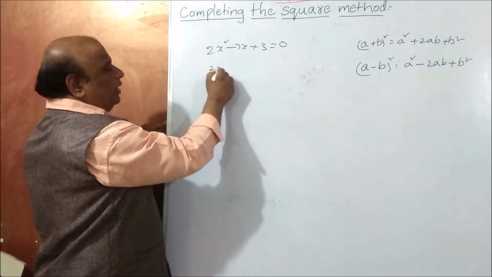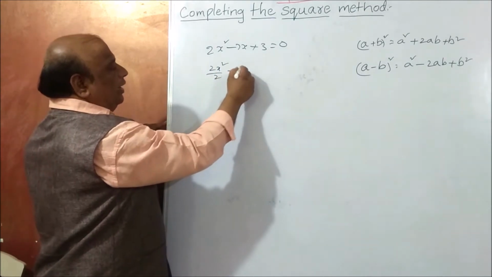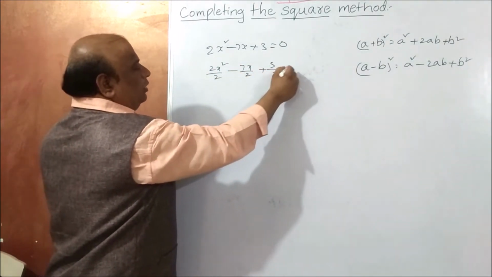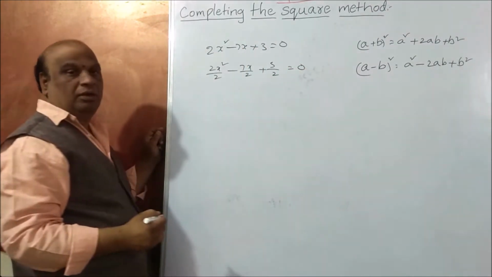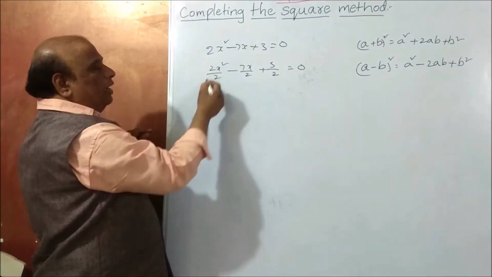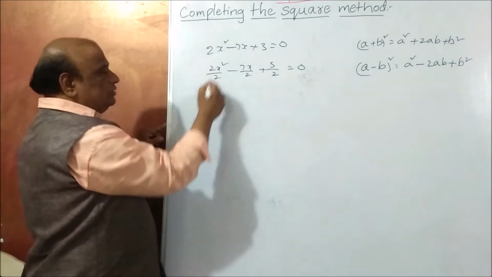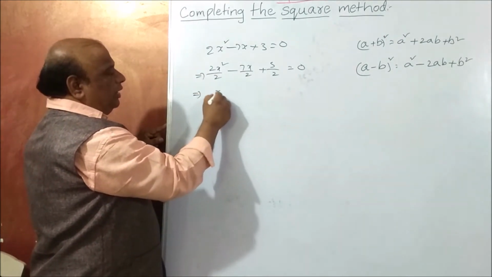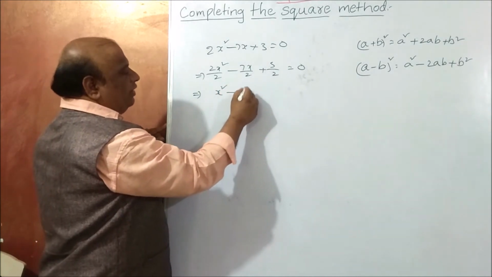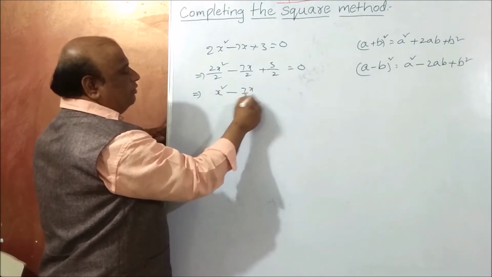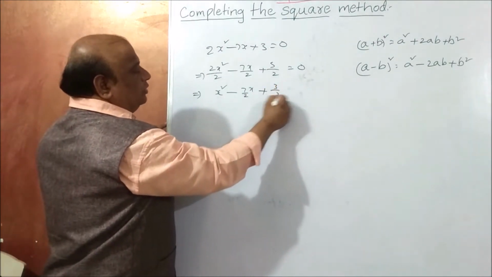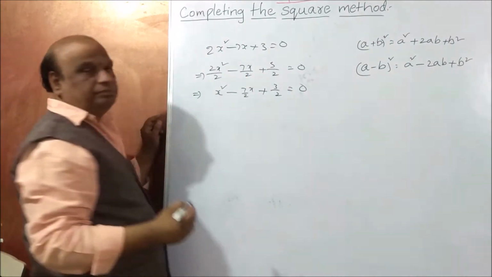2x square by 2 minus 7x by 2 plus 3 by 2 is equal to 0. All terms you have to divide by 2. Now it is x square minus 7 by 2x plus 3 by 2 is equal to 0.